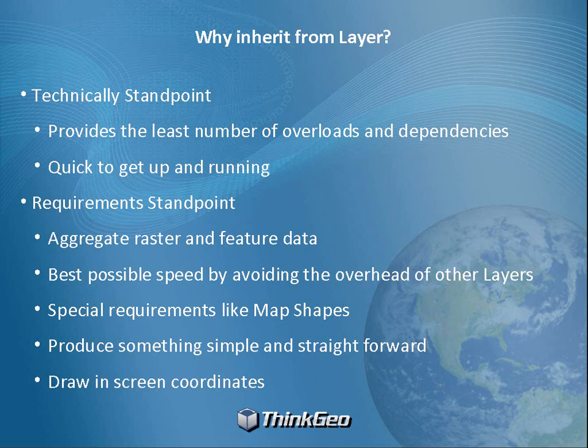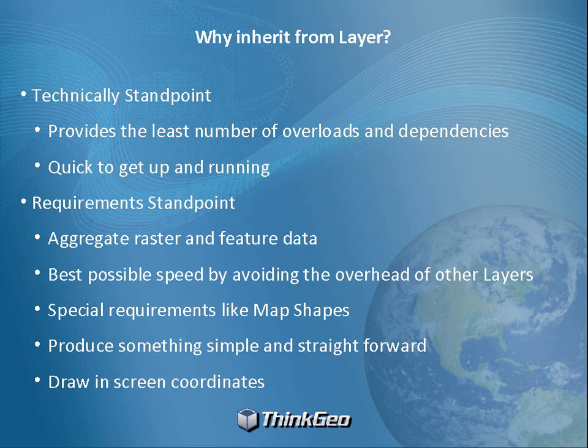The other thing that you might want to do is draw in screen coordinates. And of course, feature layer is really designed for features, and features are in geographic coordinate systems. So let's say that you wanted to do something like watermarking, which is a little sample that we'll show you. Well, you could create watermarks in geographic coordinates, and then every time the user pans, you could calculate between screen and world coordinates, and you could move these things.